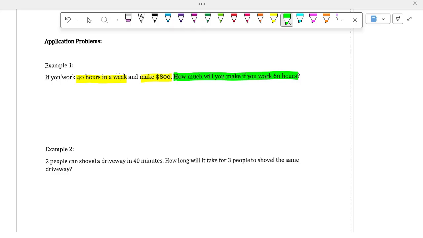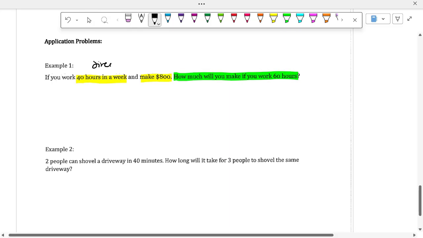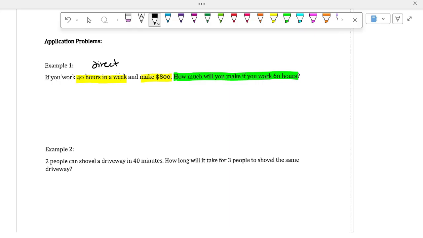If we're talking about how many hours you work and how much money you make, does more hours mean more money or less money? More money. So are they both increasing? Yes. So this would be what type of variation? Direct. Because if you work more hours, you're obviously going to make more money. So if x, which is your hours, increases, that means y is increasing.